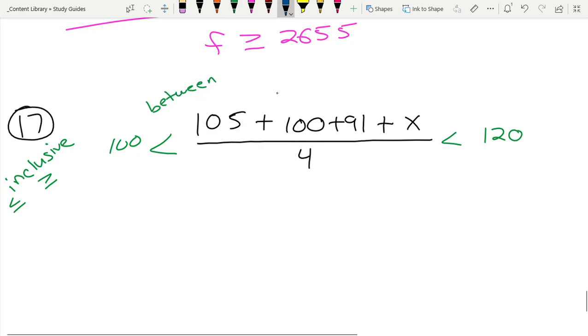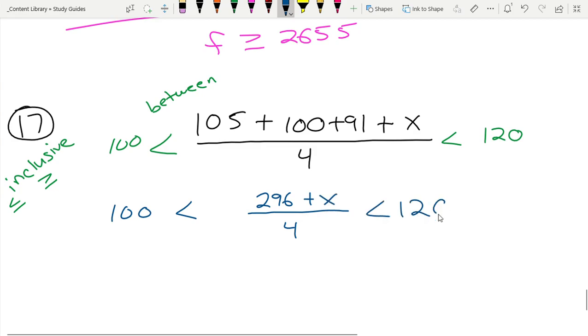So now let's actually solve it out. 105 plus 100 plus 91, we're going to add those together, and that is going to give us 296 plus x, over 4, between 100 and 120. Now we can solve.